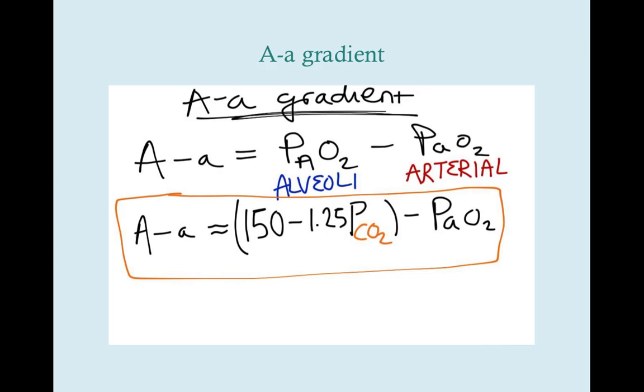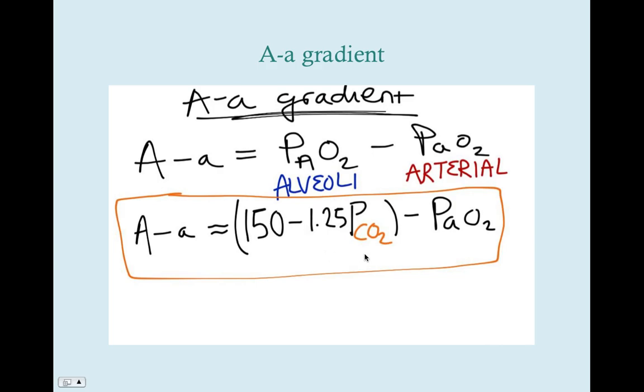And the reason is that the patient is breathing out, but they're not getting the oxygen in. As they're breathing out the CO2, their partial pressure of CO2 is going down. Yes, their partial pressure of oxygen is going down in their bloodstream, but their partial pressure of CO2 is also going down.